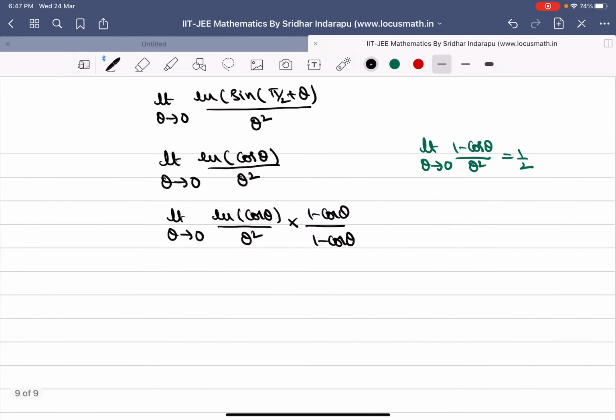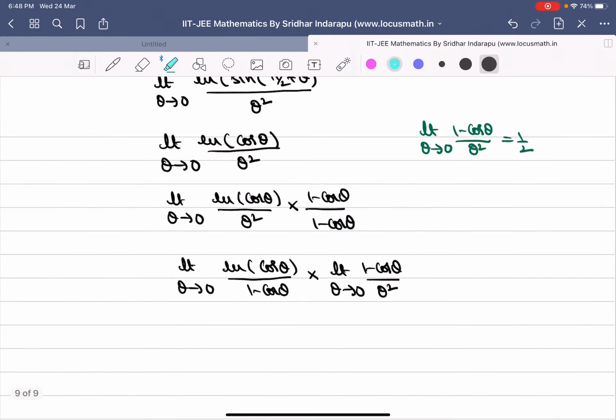Now, this is equal to limit theta tends to 0 of ln of cos theta over (1 minus cos theta) into limit theta tends to 0 of (1 minus cos theta) over theta square.